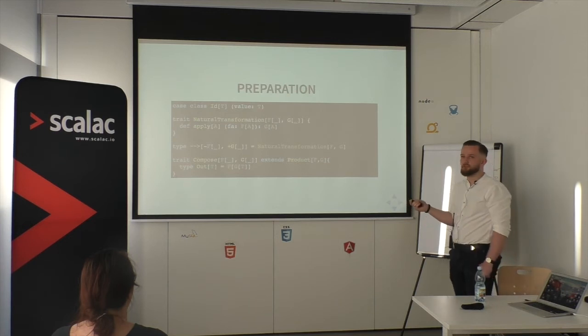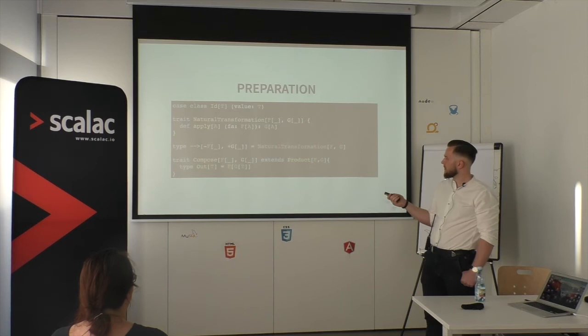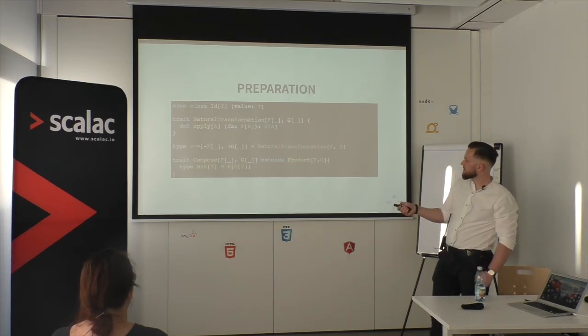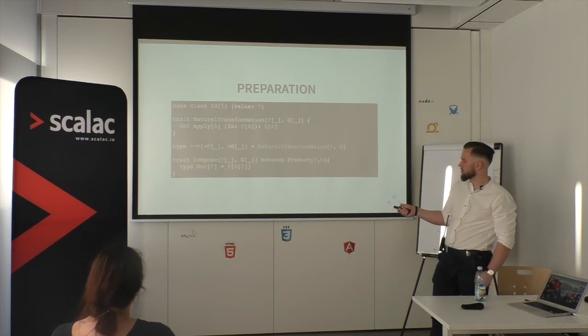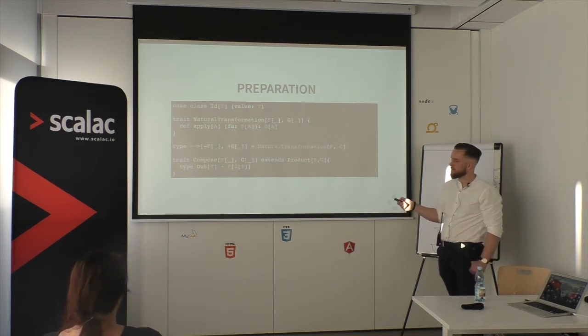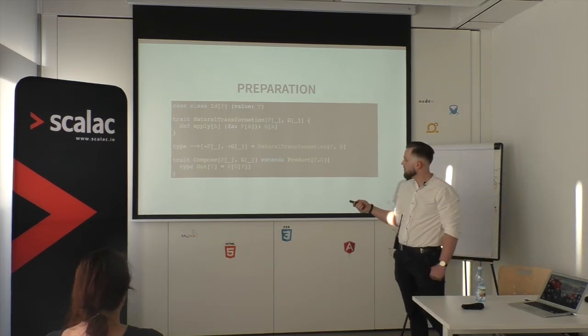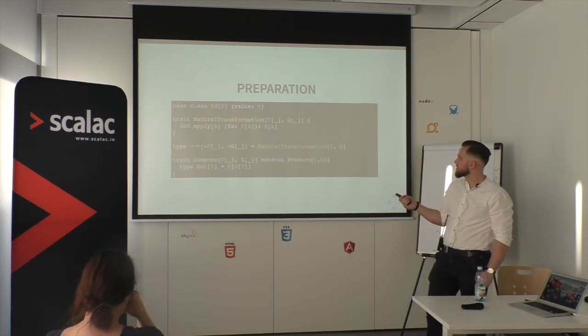So for example, Try or Future or things like that, or the Monoid, whatever. The next thing you see here is just for convenience, so we don't have to write this long name natural transformation everywhere, so we'll use just this arrow. It's exactly the same. It's just a type alias.